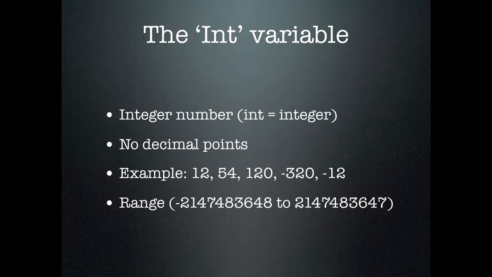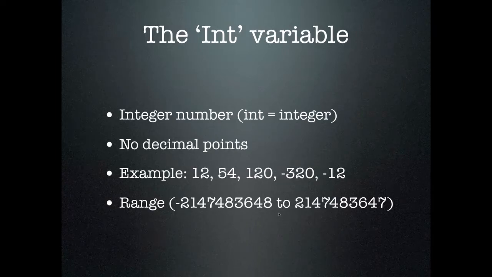And it's also worth mentioning that it has a certain range. The lowest and highest numbers that the variable can hold are roughly minus 2,147,483,648 up to about 2 billion, and then every whole number in between.